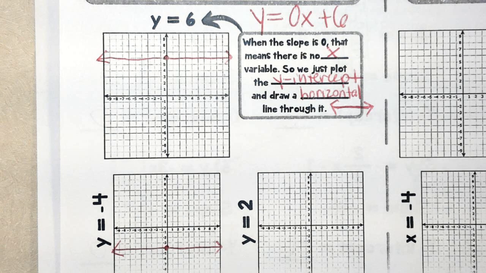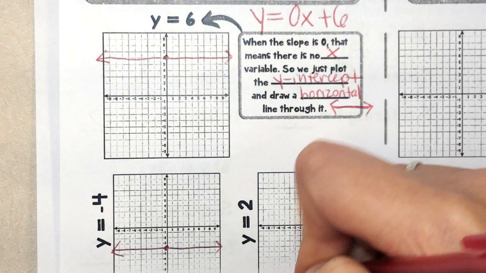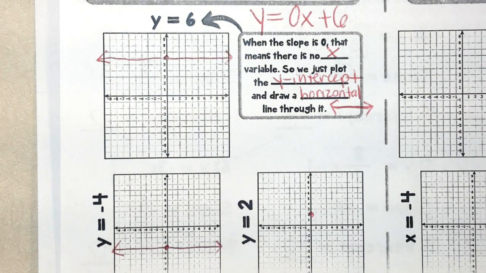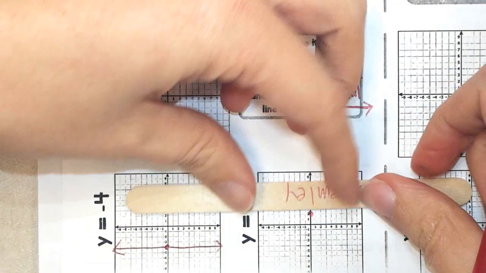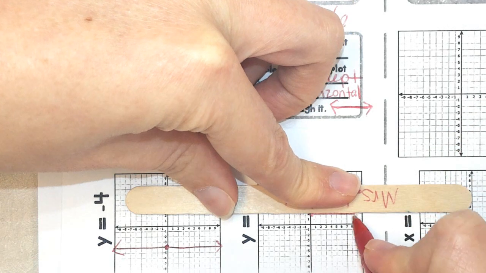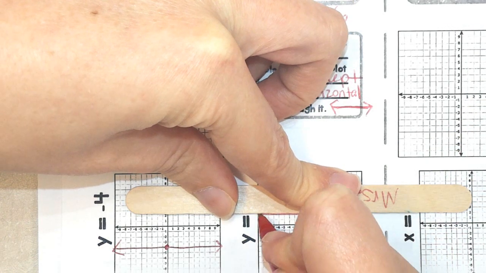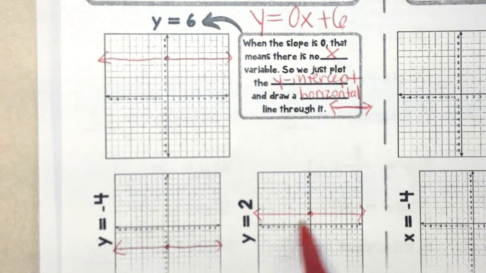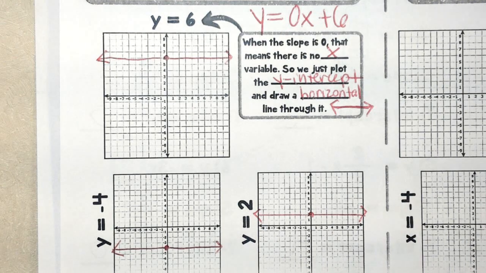Hopefully, this is what you're doing. You're going to your y-axis, and you're putting a point at y equals 2. And then you're using your straight edge to draw a horizontal line going this way and going this way, so right and left, because all the way across here is where my y is 2.